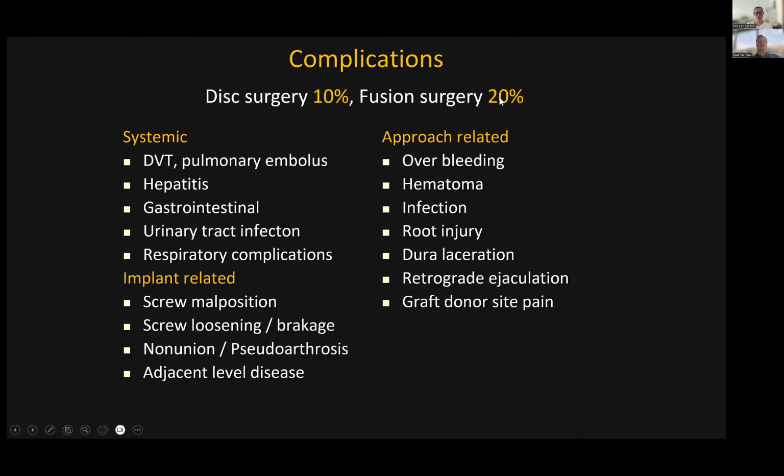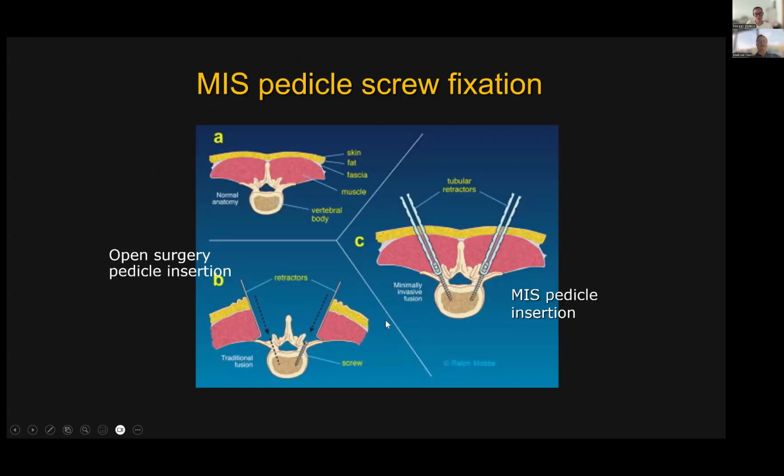So, generally speaking, the complication rate of this surgery is about 10%. However, for fusion surgery it is about 20%, and most are implant-related: screw malposition, loosening, breakage, non-union, adjacent level disease. For those reasons, MIS pedicle screw fixation may be an option.